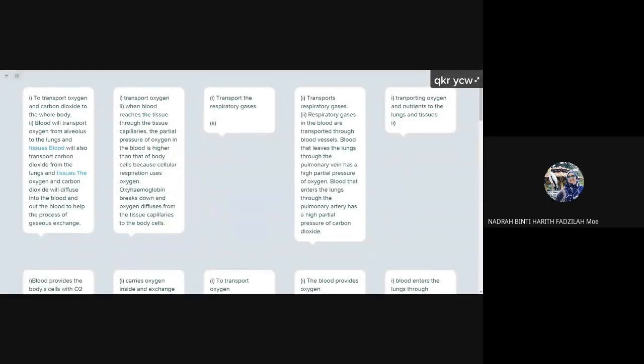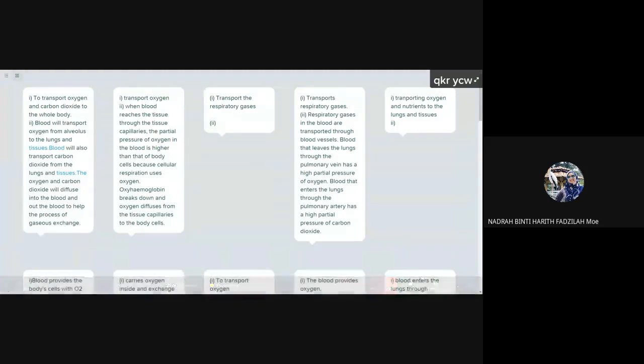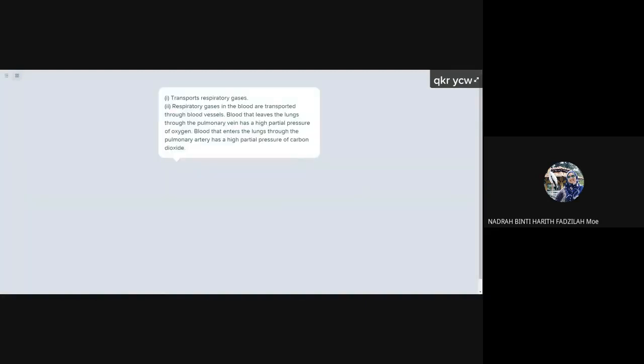So from what I read here, you have the right idea about transport oksigen dari mana ke mana dan sebagainya, but please take note that you need to also include elements of partial pressure in your answer. Sebagai contoh, okay, ini salah satu contoh lah jawapan yang dia guna elemen partial pressure. Okay, so this is one sample answer.